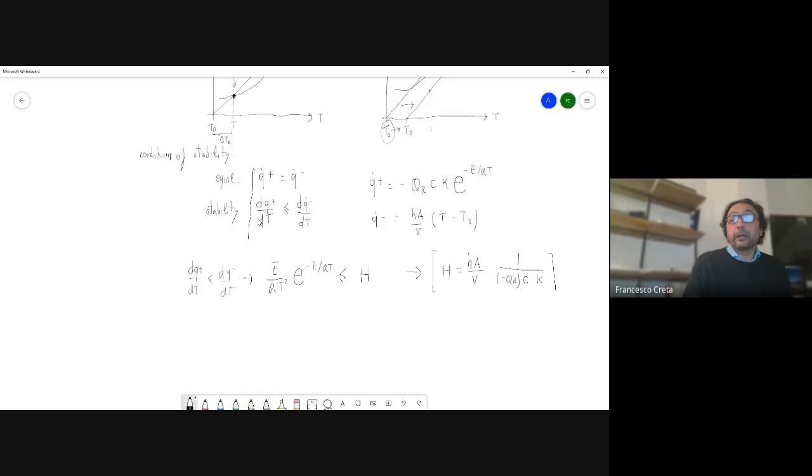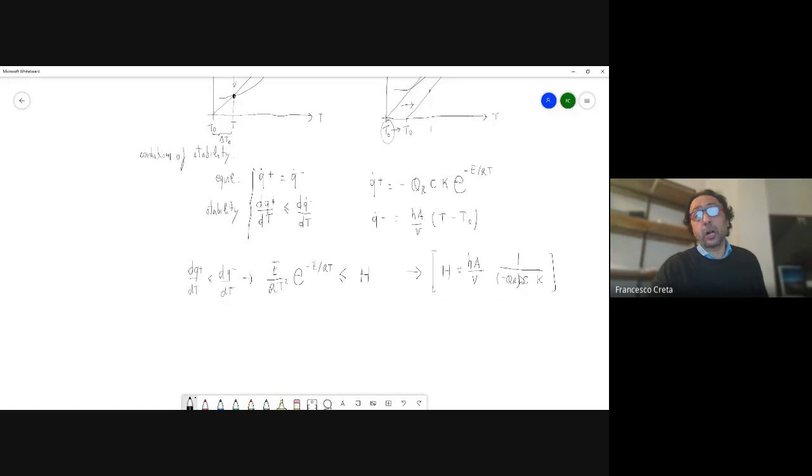It contains all of the relative constants that we have in the system: the reaction rate, the volume, the area, the coefficient of heat exchange.